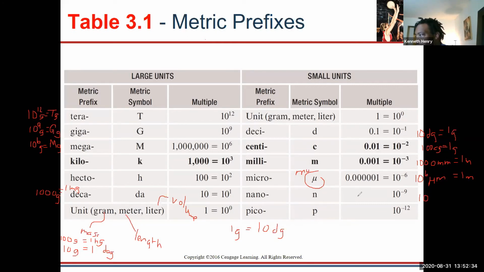A billion nanometers equal 1 meter. And a trillion picometers equal 1 meter. Okay, so you see the trend?